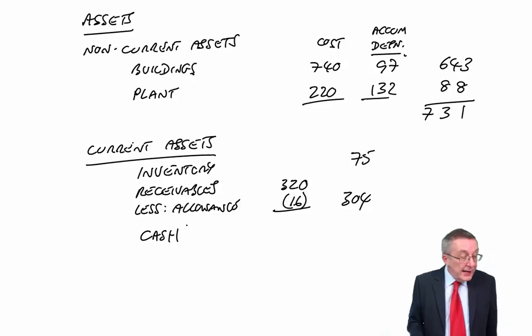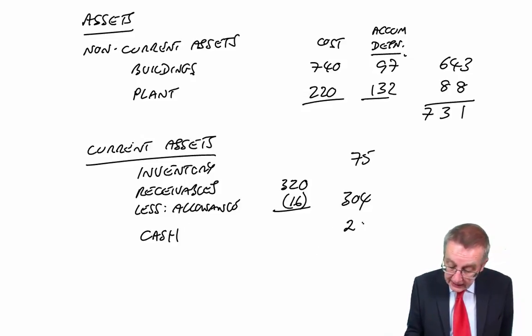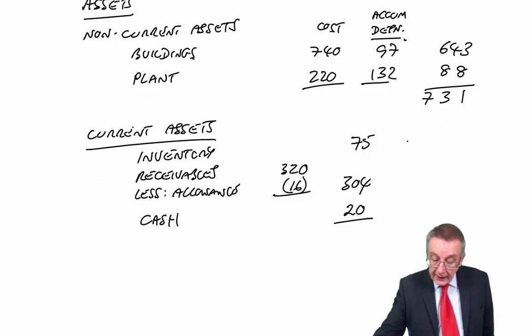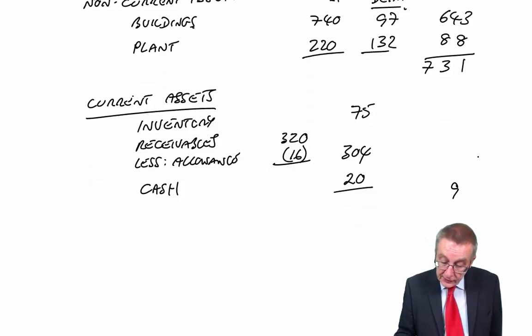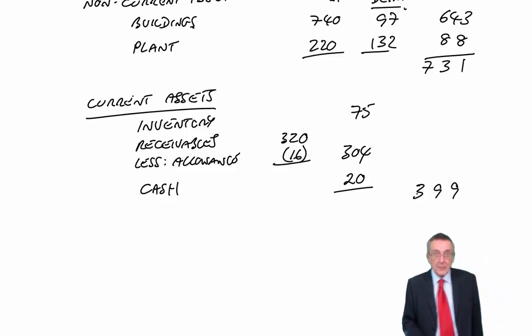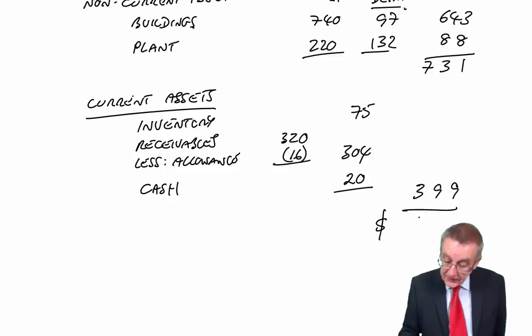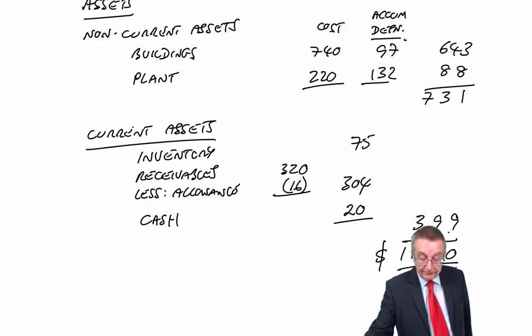No mention of that changing, so the cash is 20. So the total current assets, let's see if I can get this right, 399. And therefore the total assets, 1130.